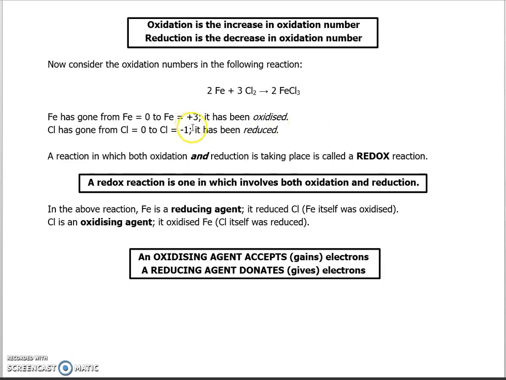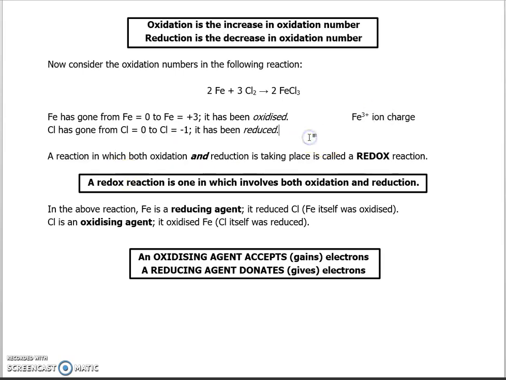An important aspect about oxidation numbers is that when you're referring to an oxidation number, you must put the sign in front of the number. It's the opposite of a charged species. So if we were to write the charge of an ion, we would say Fe 3+. That is your ion charge.